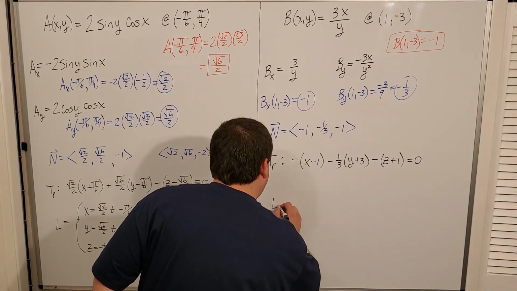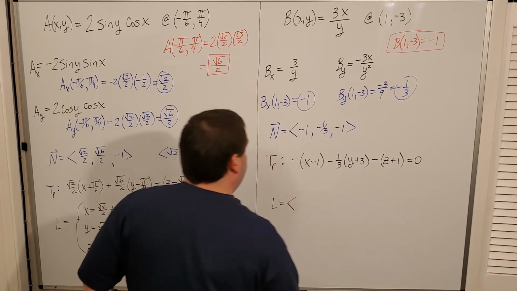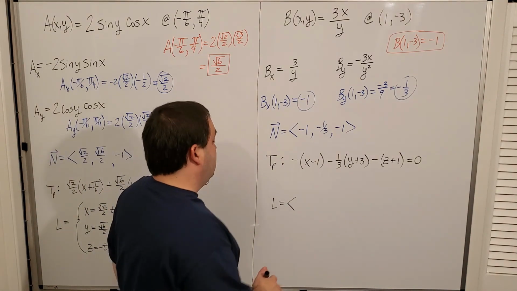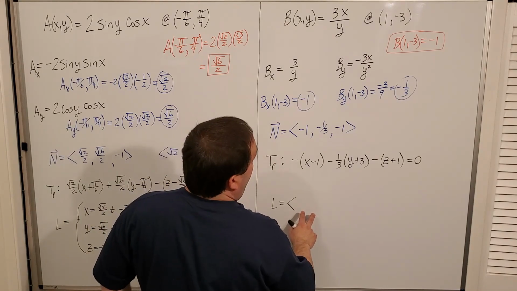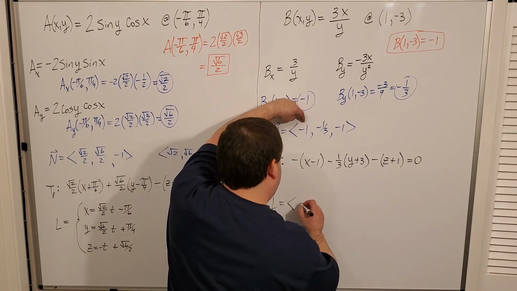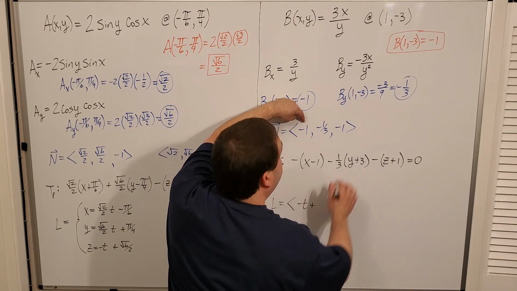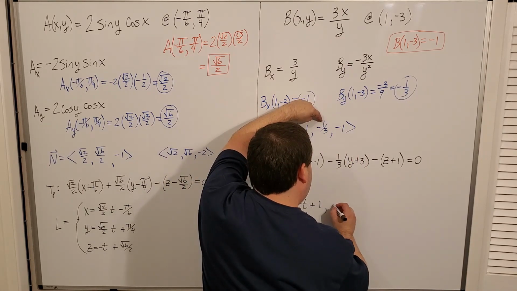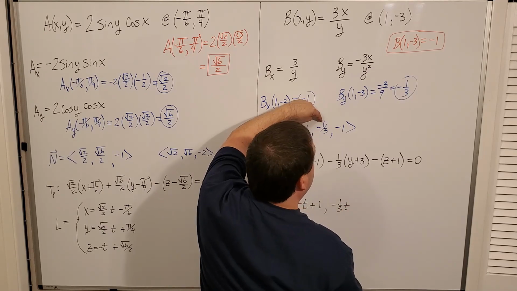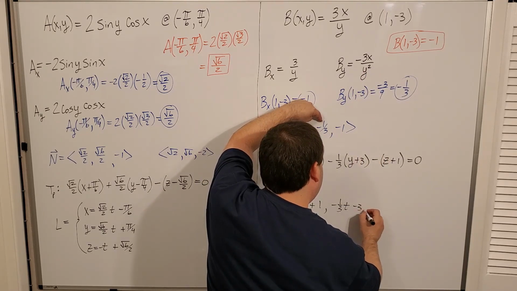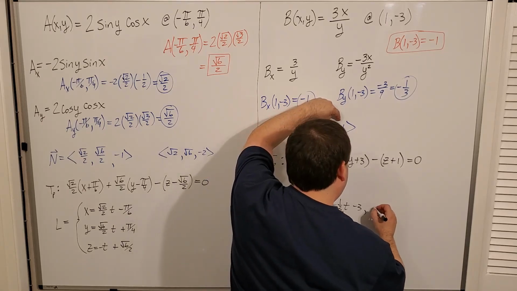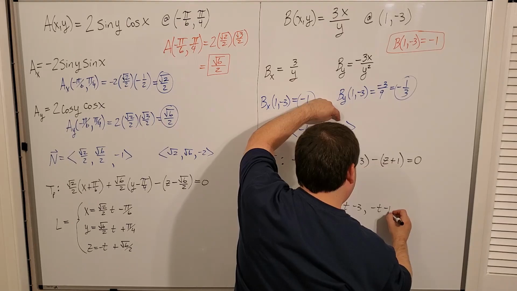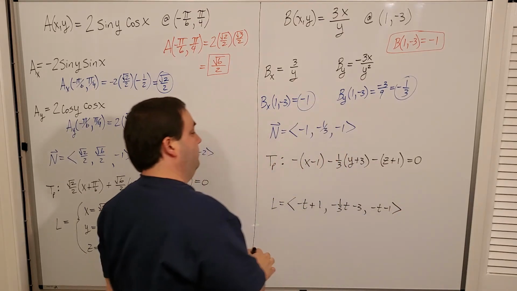And then my normal line, let's put this one in vector form just to be different than the other one, right? My x component of the normal line is going to be negative t plus 1. My y component is going to be negative 1/3 t minus 3, and then negative t minus 1 for the z component there.